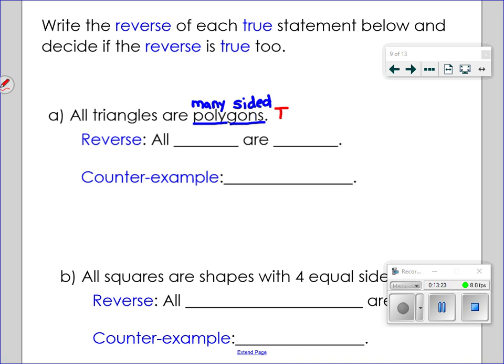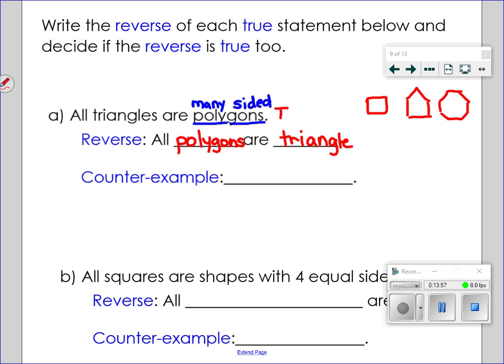Is the reverse true? Well, what would be the reverse? All polygons are triangles. Well, is that true? If a polygon is just a many-sided closed shape, then a square is an example of a polygon, and a pentagon, 5-sided shape, is another example of a polygon, and an octagon, like a stop sign, an 8-sided shape, is another example of a polygon.